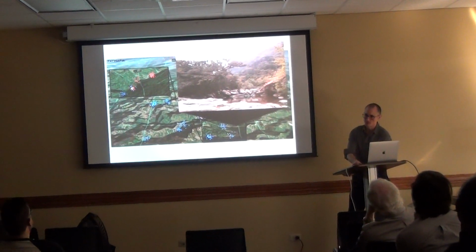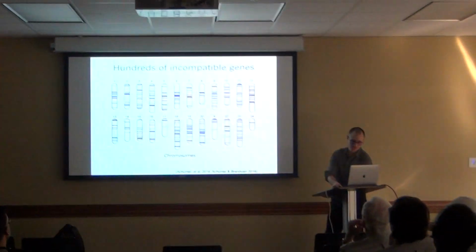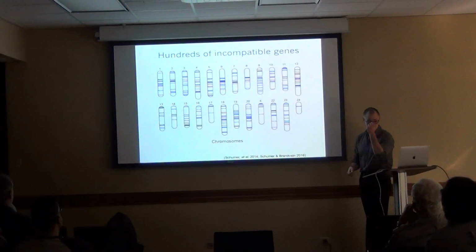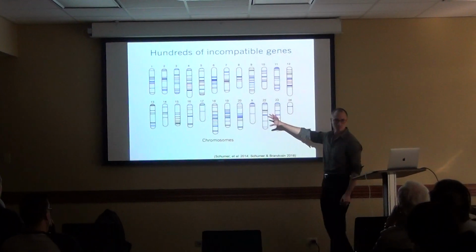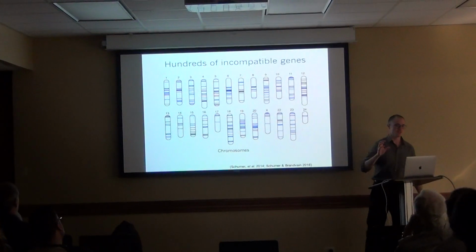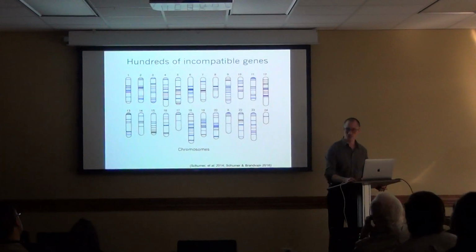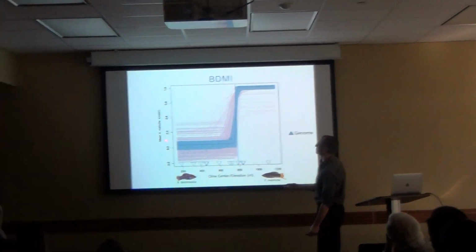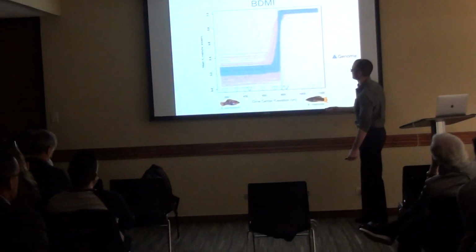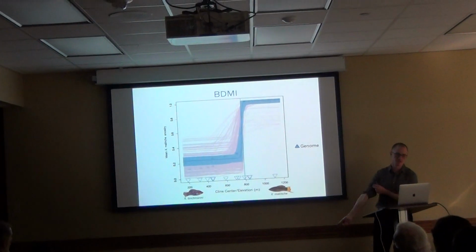What about all these incompatible genes that I was telling you, these BDMIs, these incompatibilities? So I know the locations of them in the genome, so I can see how they're introgressing in my two rivers. So if I show you here, this is Wasalingo, and each one of these gray lines is one of these BDMIs.